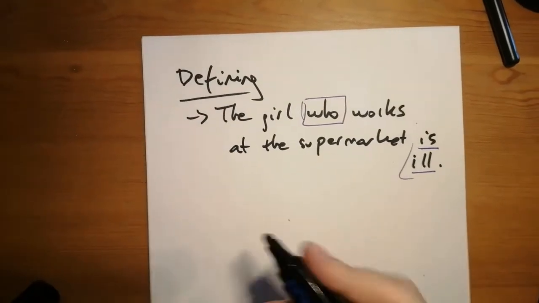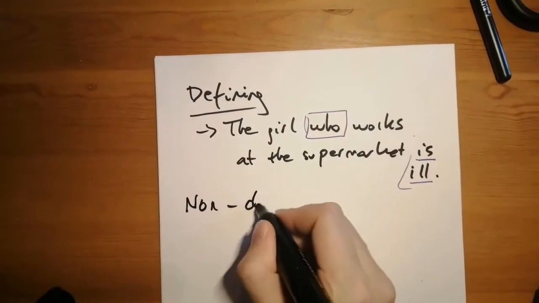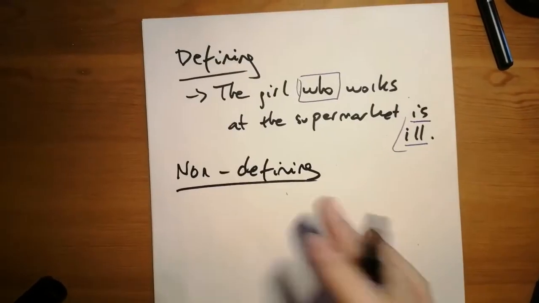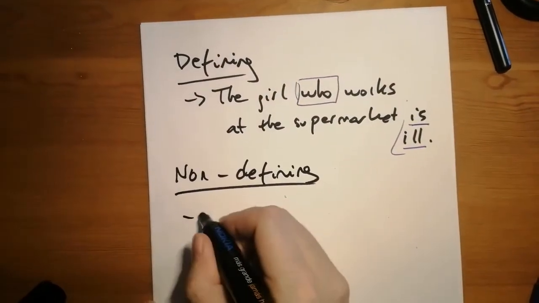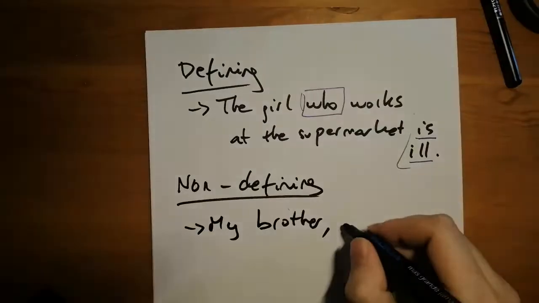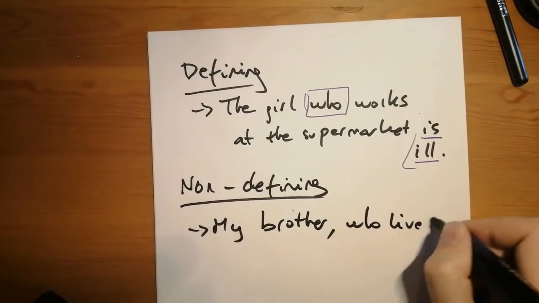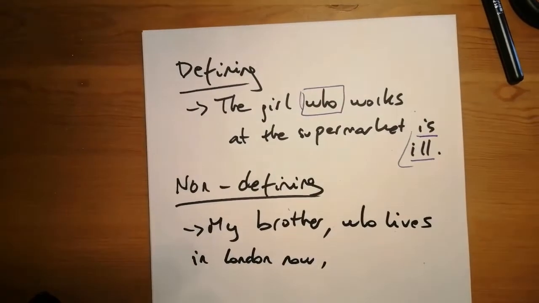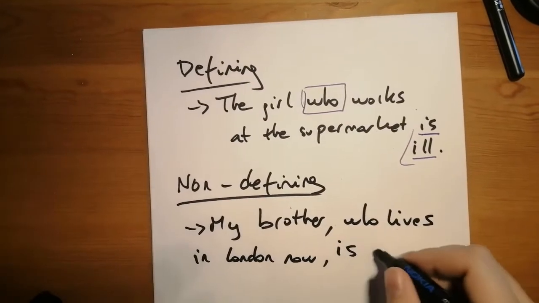But for example, if I say the non-defining, it means extra information. I can even omit that. I can even not say that. For example, my brother, comma, who lives in London now, comma, is very good at English.